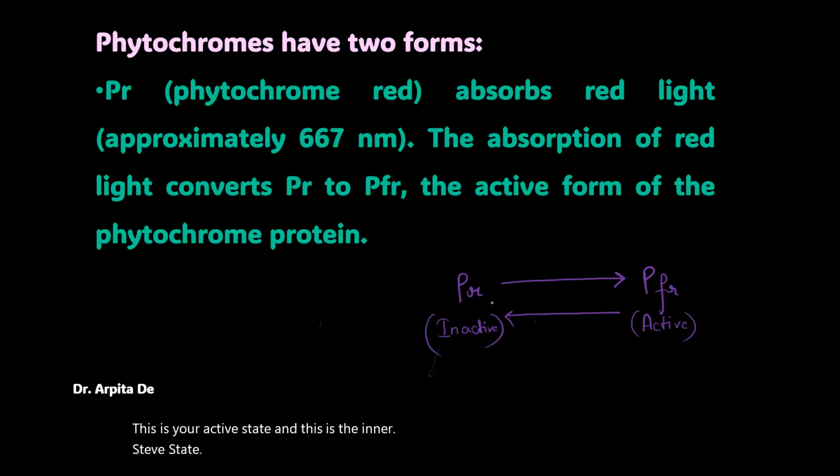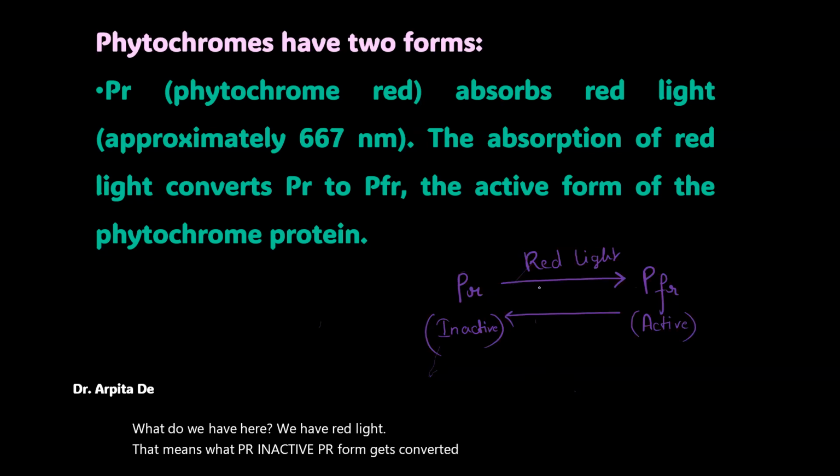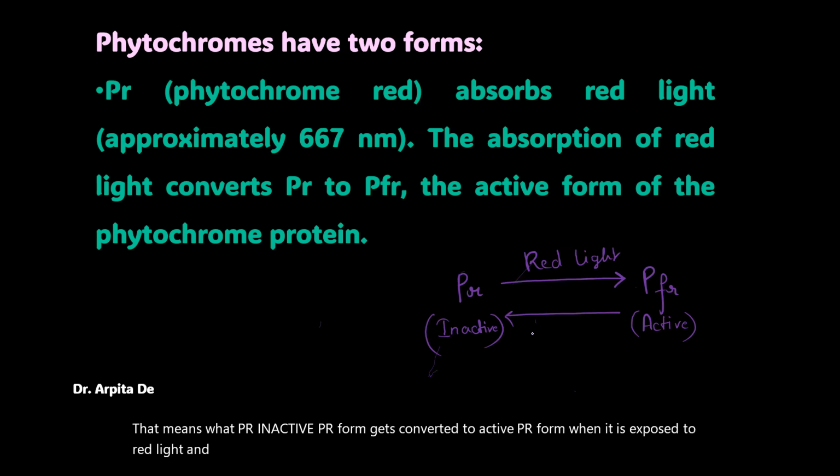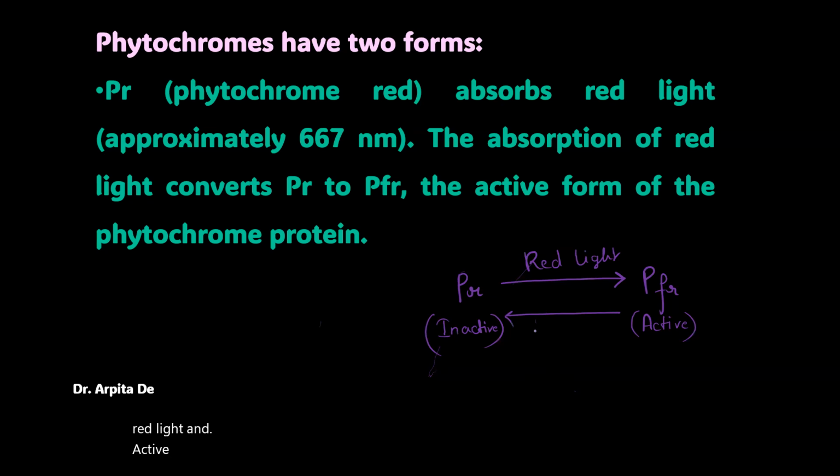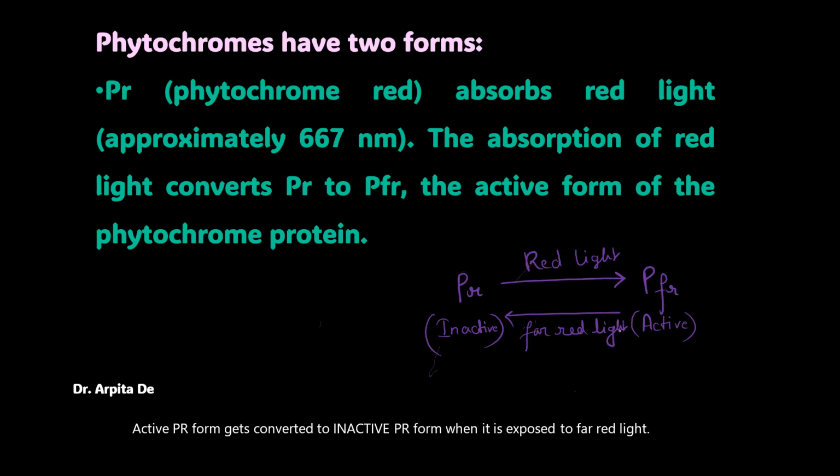Okay. What do we have here? We have red light. That means what? Inactive PR form gets converted to active PFR form when it is exposed to red light, and active PFR form gets converted to inactive PR form when it is exposed to far red light. All right.